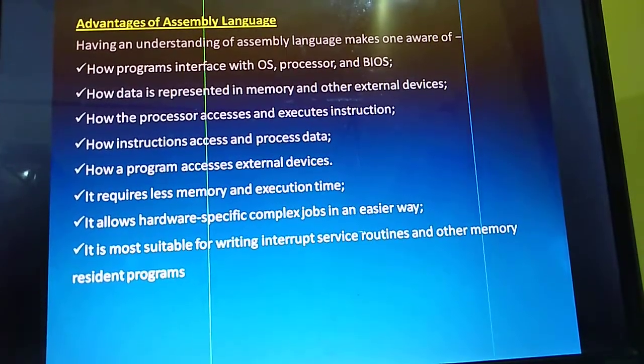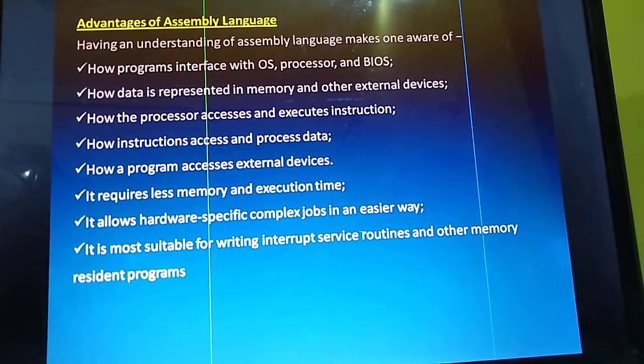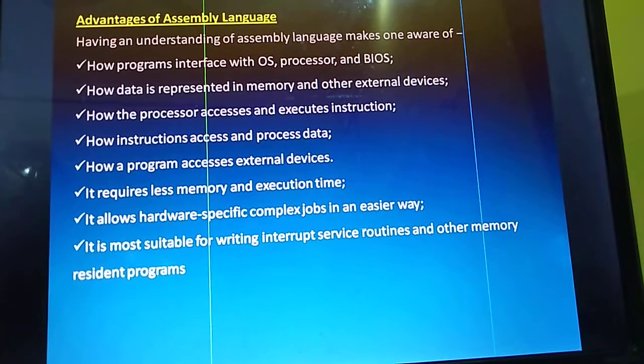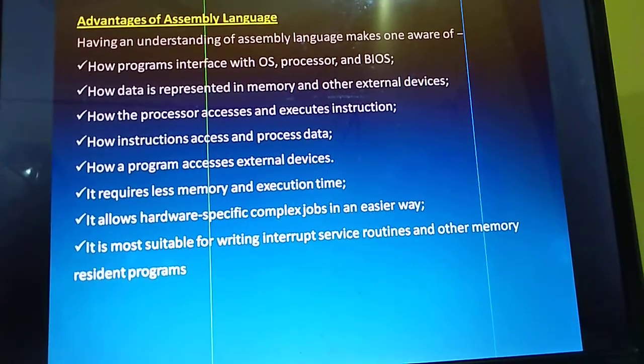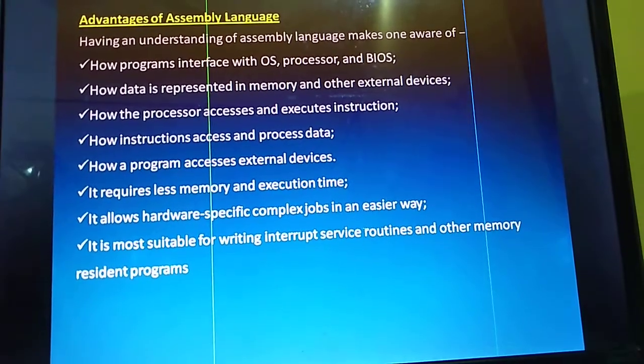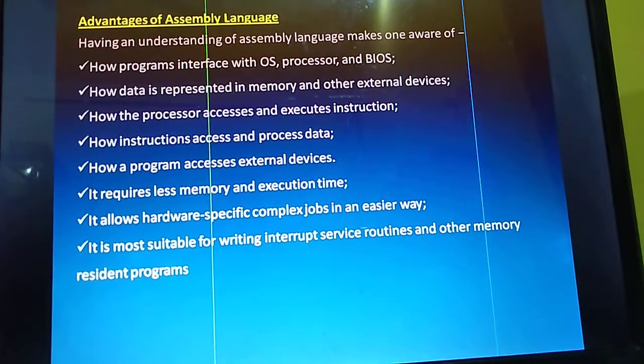The operating system is the interface between the user and the computer. To operate the computer, you need the operating system, you need the processor, and the basic input-output operations are also required. So a programmer will be very much aware of the operating system, processor and BIOS.